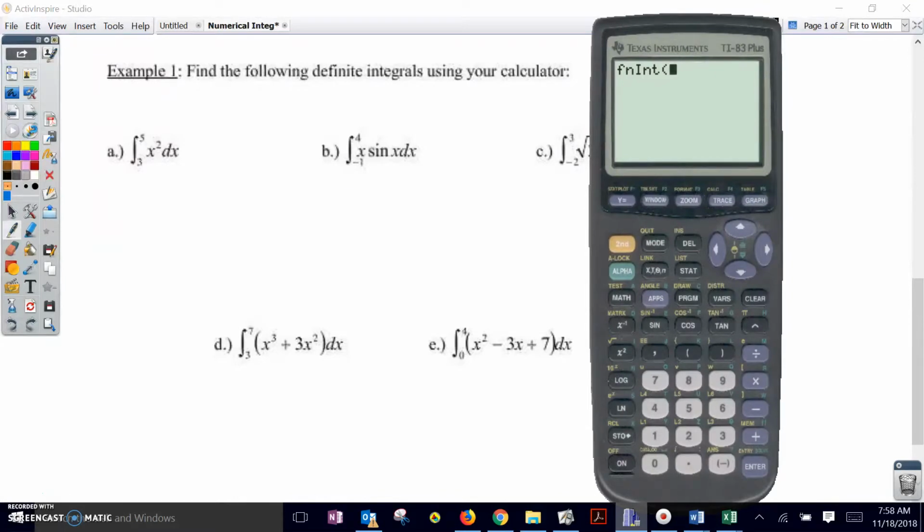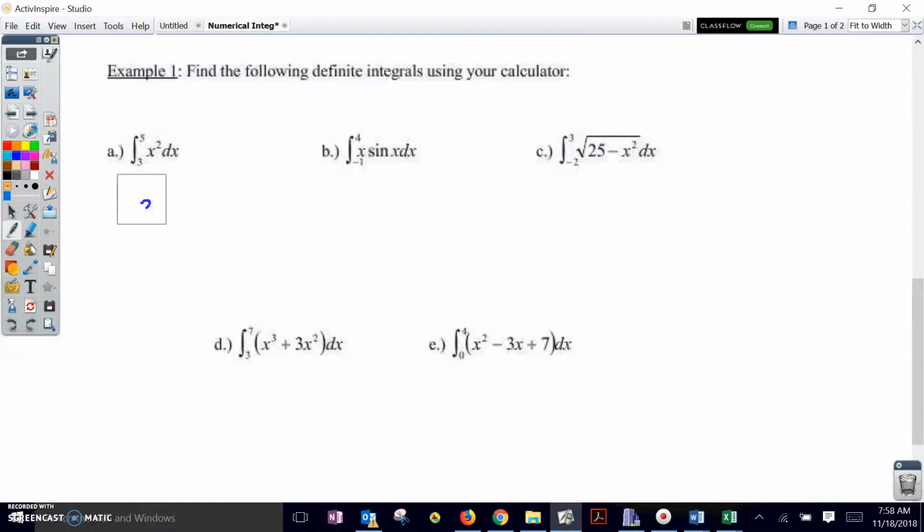The first, the integral from 3 to 5 of x squared dx. I'm just going to type in x squared. We're integrating with respect to x, and our limits of integration are from 3 to 5. Now when we do numerical integration, we don't always get exactly what's going on, but we can see here this value for this integral should be 32.6 repeating.